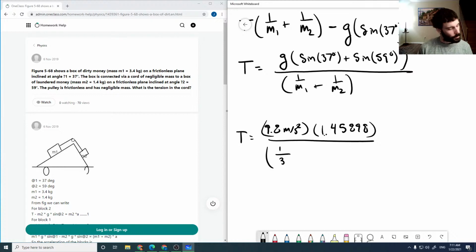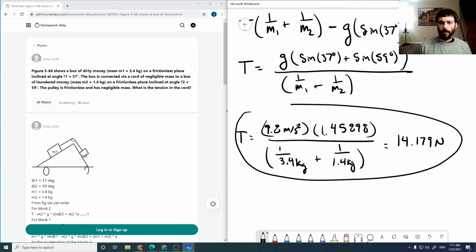Our mass 1 was 3.4 kilograms. And our mass 2 was 1.4 kilograms. So this comes out to be 14.179 newtons. So then there's our tension in the cable.